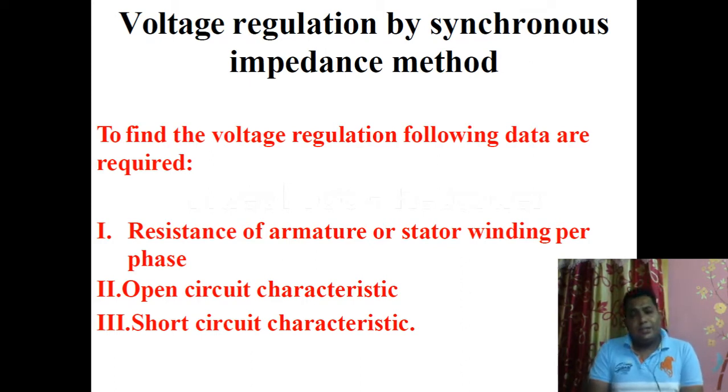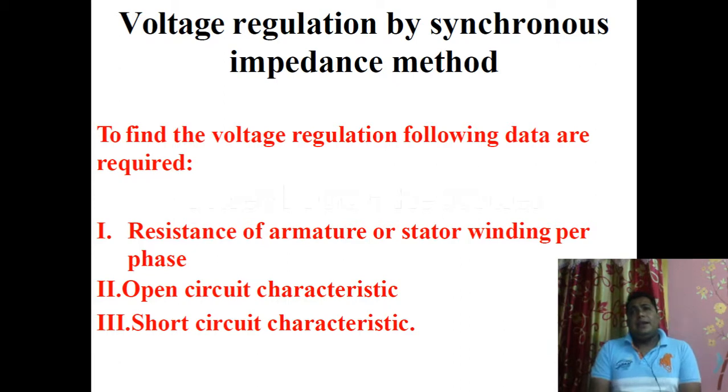To find the voltage regulation, the following data are required: resistance of the armature or stator winding per phase, open circuit test, and short circuit test, to find out the open circuit characteristics and short circuit characteristics.